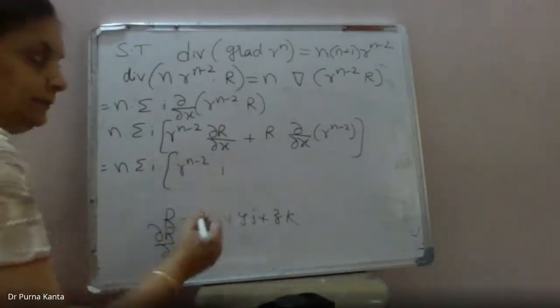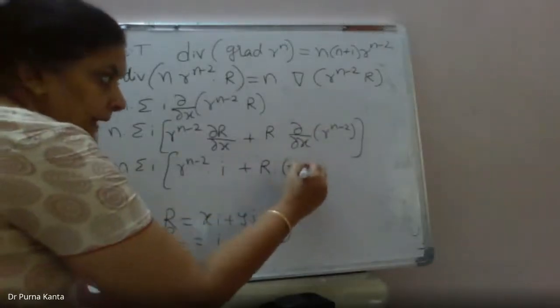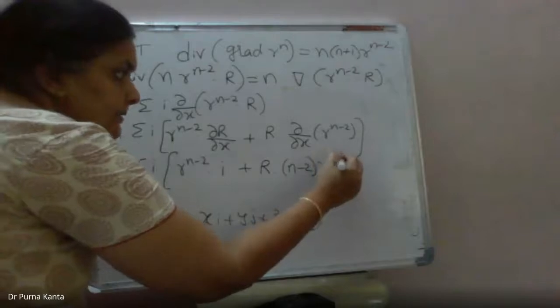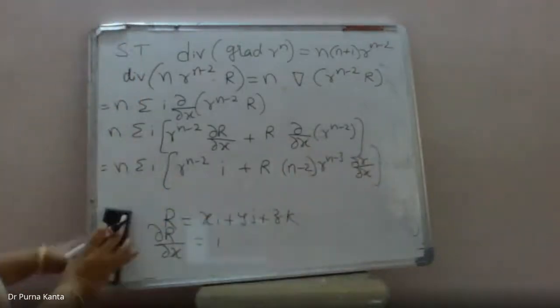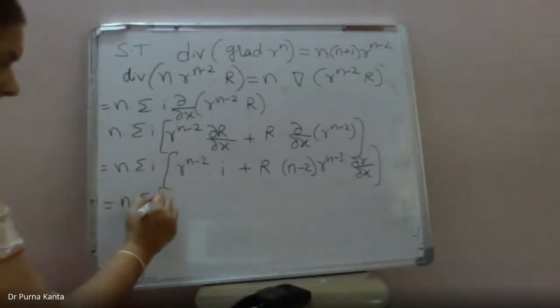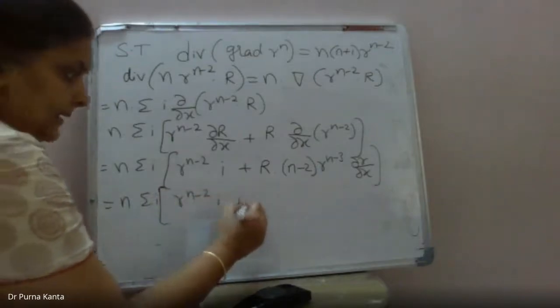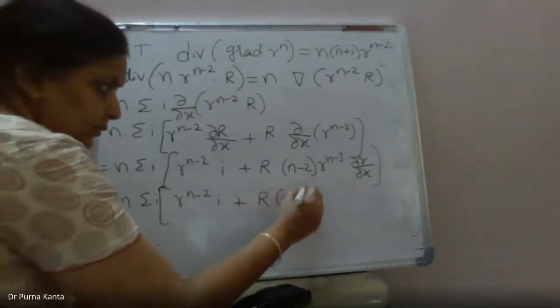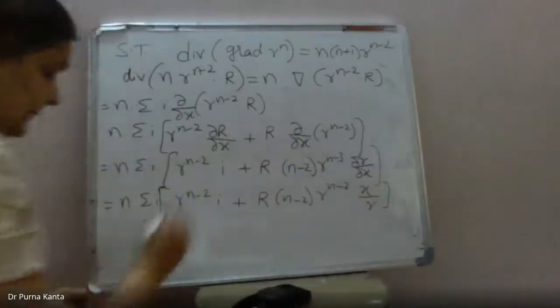So this is i plus capital R into the derivative of this function, n minus 2 r power n minus 3 into dou r by dou x. So n sigma i times r power n minus 2 i plus capital R n minus 2 r power n minus 3 x by r, since dou r by dou x is x by r.